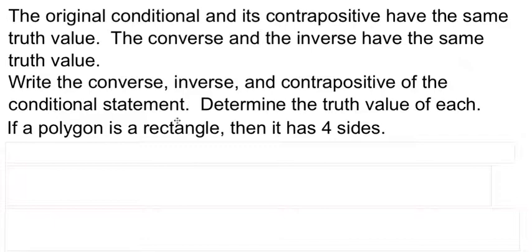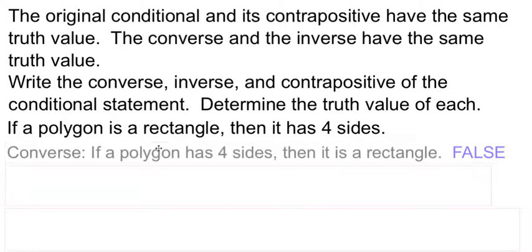The converse of that statement would be, if a polygon has 4 sides, then it is a rectangle. Well, that's not always true. You could draw a polygon with 4 sides that is not a rectangle. So the converse in this case would be false.